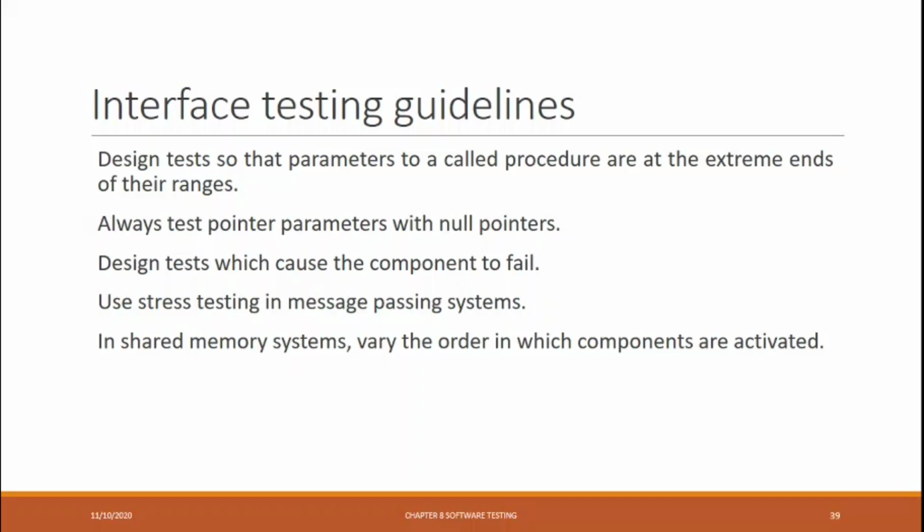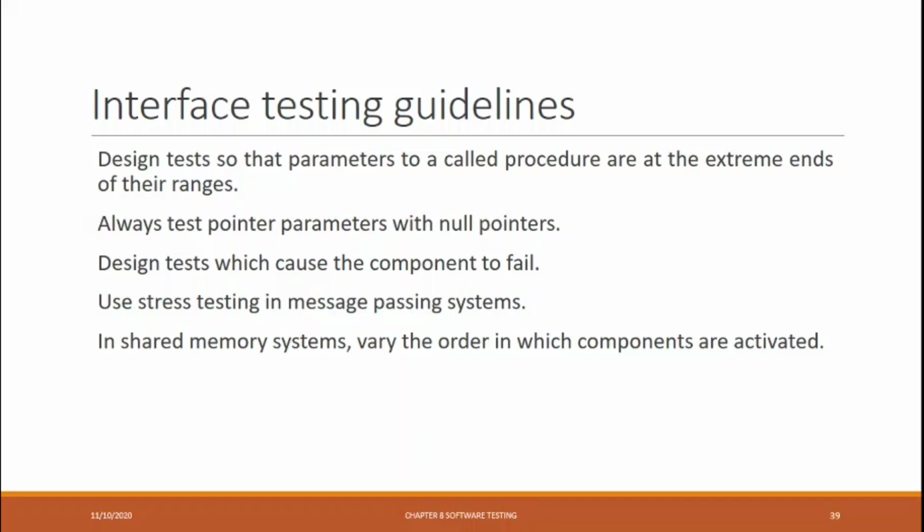Whichever object is needed by some other component is first come, first served: whoever requests the object first will be given the opportunity. Such things have to be taken care of in interface testing.